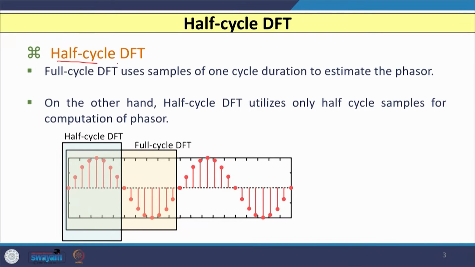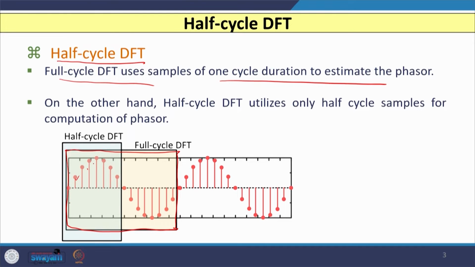Now, in this lecture let us discuss the half cycle discrete Fourier transform algorithm. As the name suggests, the half cycle DFT algorithm utilizes only half cycle samples of the given signal, unlike full cycle DFT which utilizes one cycle duration. Let us say this is the window of the full cycle.